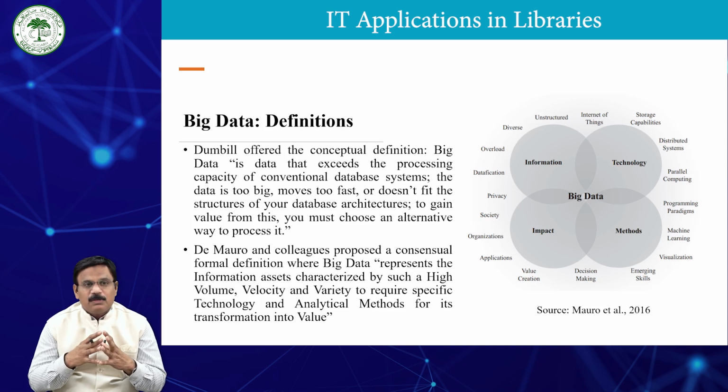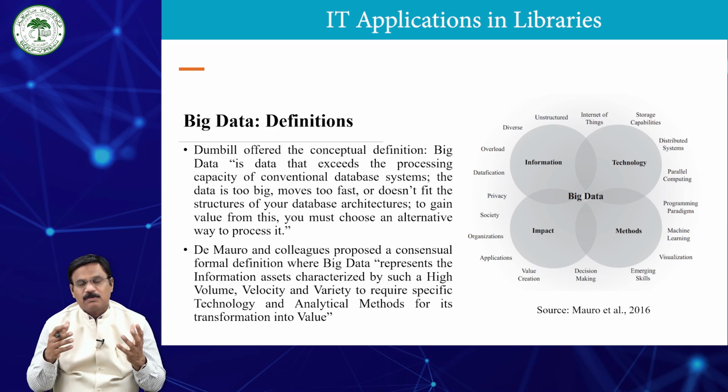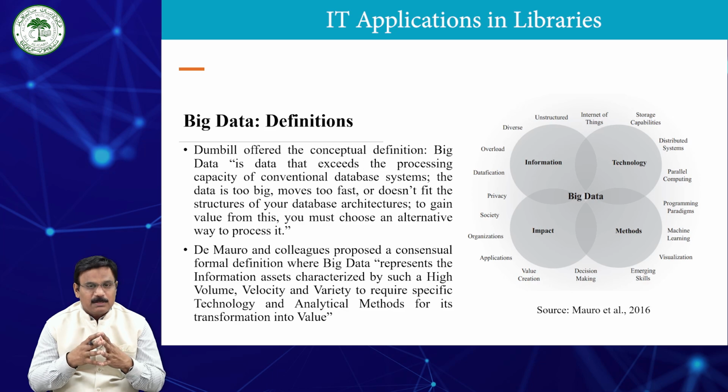Unquote. So it is very clear from this definition that big data requires more processing capacity than the traditional one, it is too big, it moves fast, and it doesn't fit the structure of the databases we generally use for our traditional data.